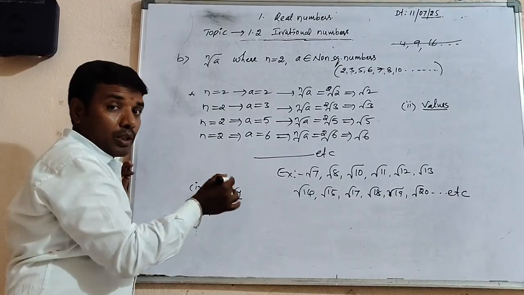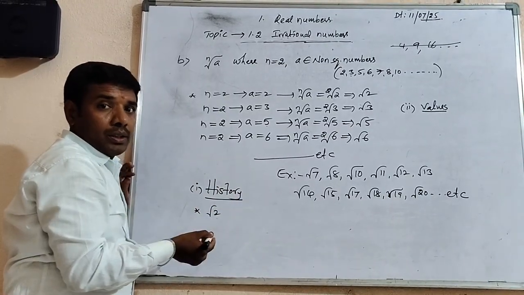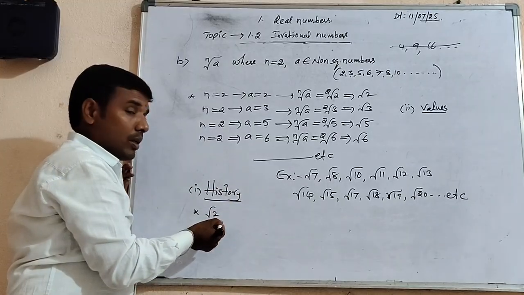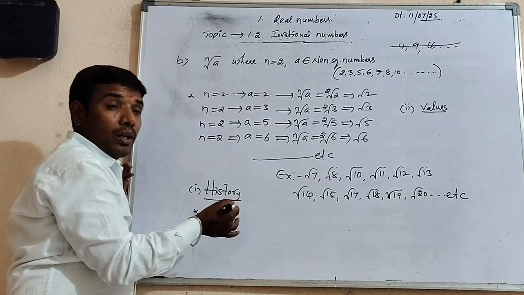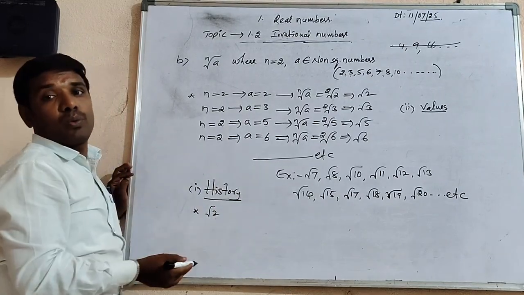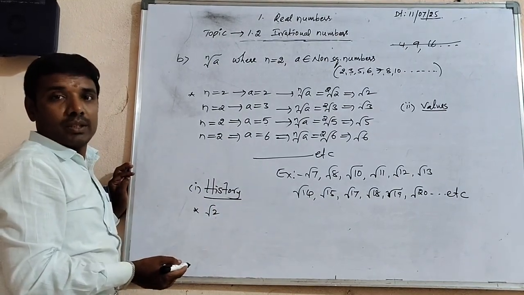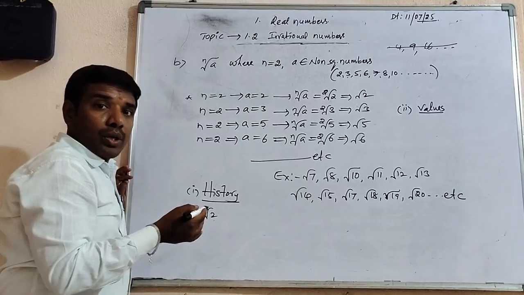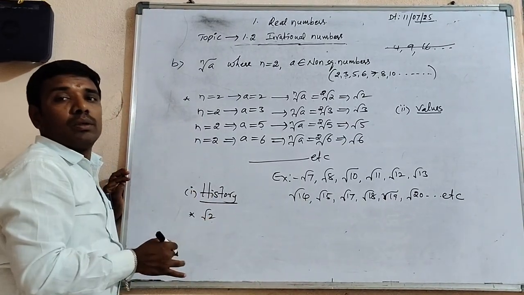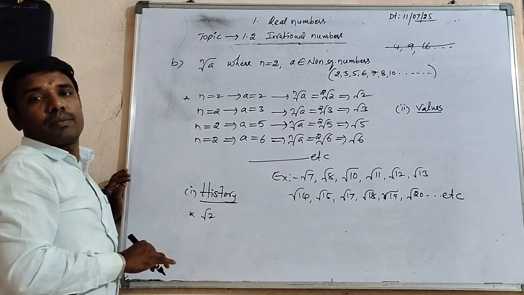The Pythagoreans found that there are numbers which we are unable to express in the form of p by q. In a sense, the Pythagoreans first found irrational numbers.